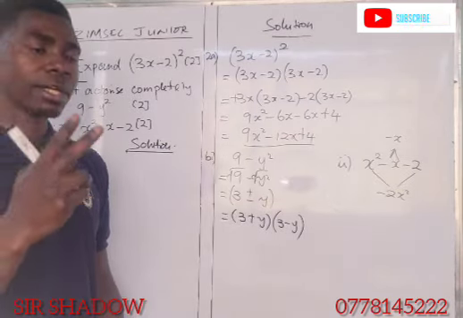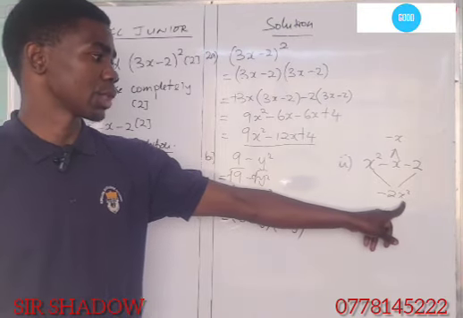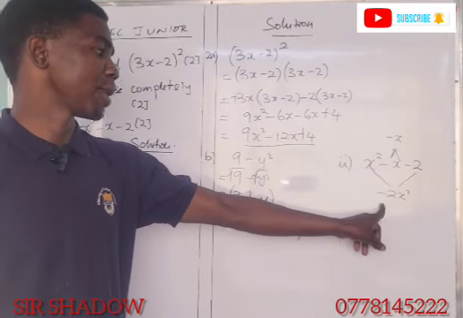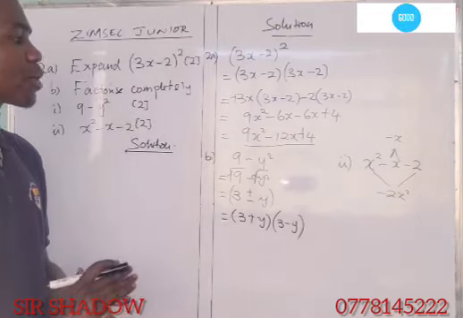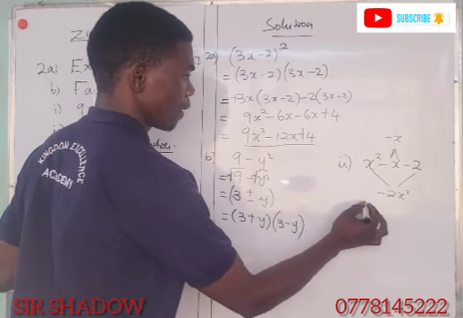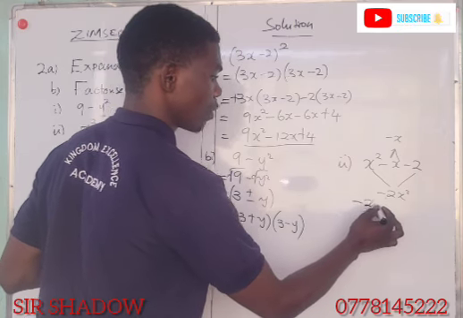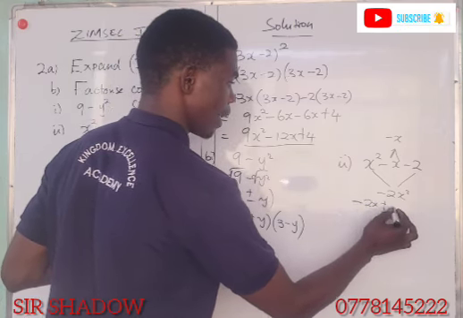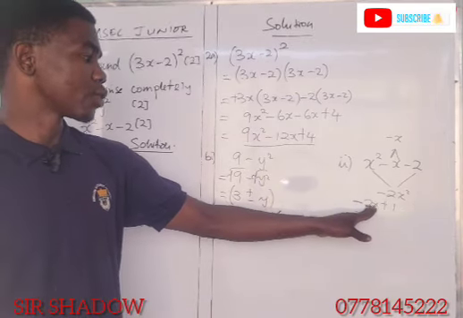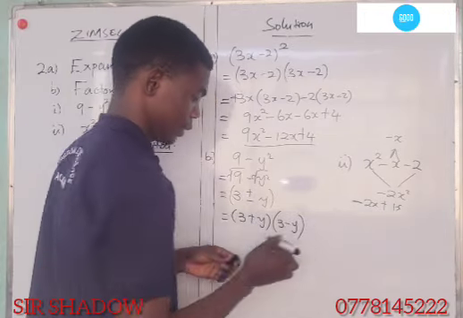Now let's find the factors of minus 2x squared. If we multiply those two factors, they give us minus 2x squared. If you add them, they will give us minus x. So the factors are minus 2x and plus x.